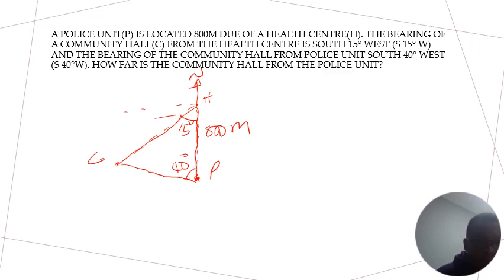Then we have C. How far is the community hall from the police station? So in this case we want to find CP. It's like we have created a triangle.